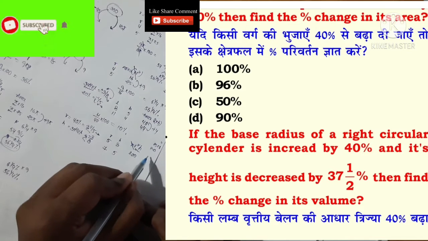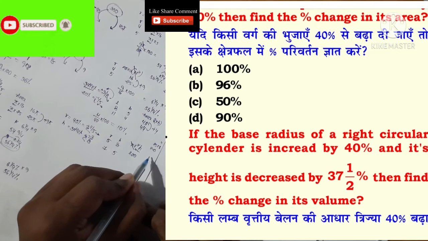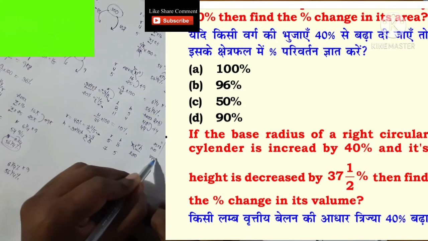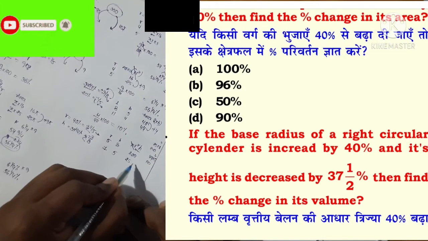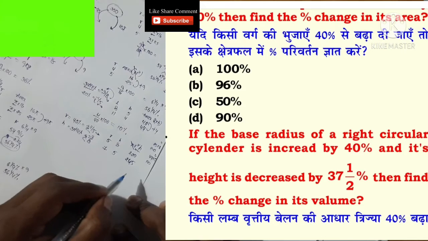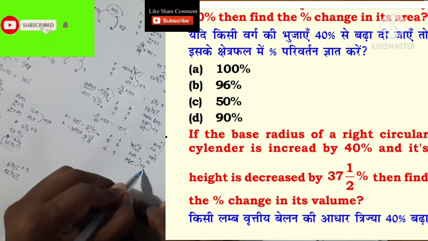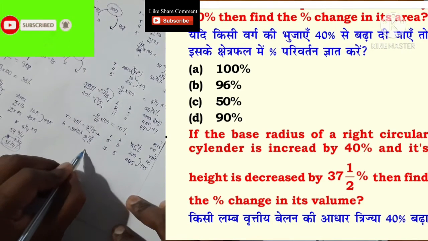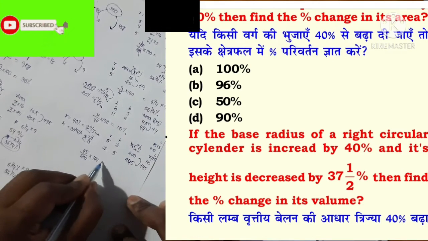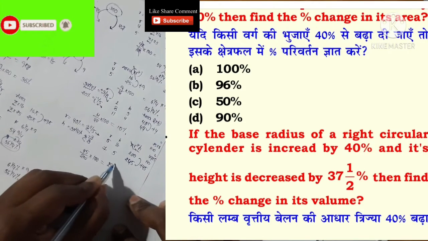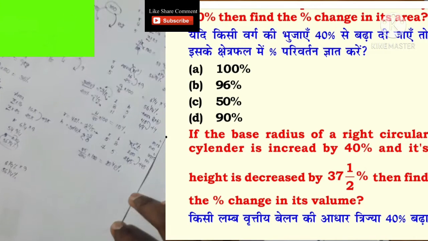R square is equal to 49 into 5. So 245. So value is increased by 45. So percentage is 45 by 200 into 100. So value is 22.5%.